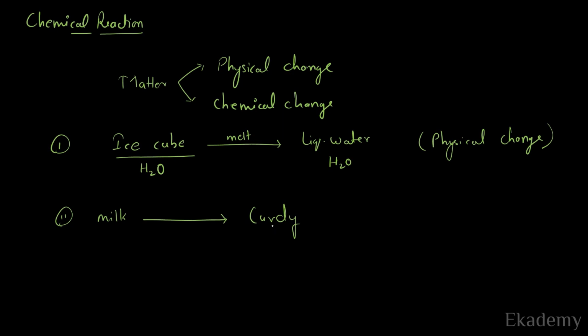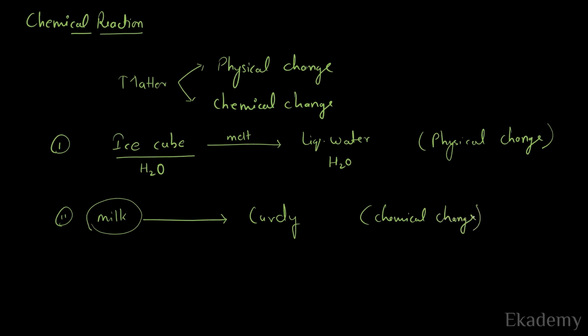So what is happening over here is basically the sugar present in milk gets converted into lactic acid in this curdy substance. So this type of change where this initial substance loses its identity or loses its nature is called chemical change. So this is chemical change.